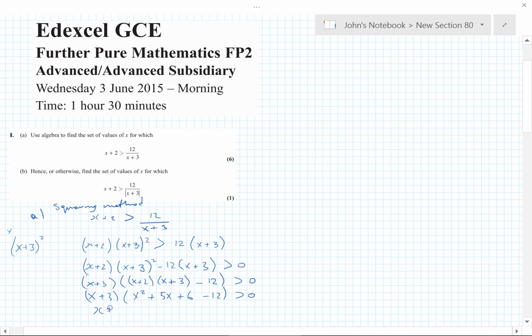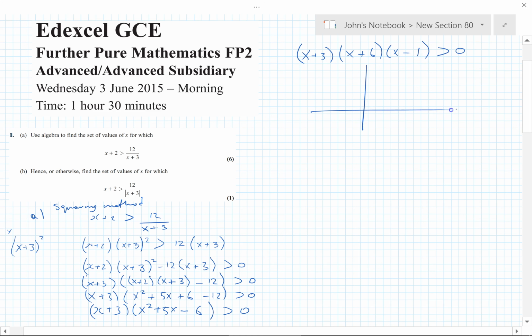So we've got x plus 3 times x squared plus 5x minus 6, which is greater than 0. And that itself factorizes. So that's x plus 6 and x minus 1 greater than 0.